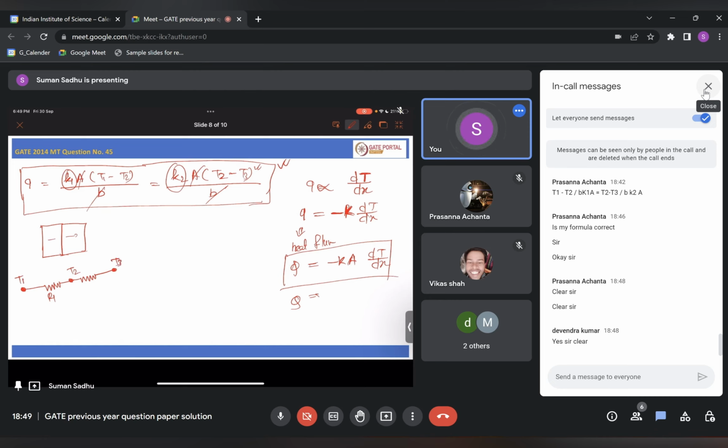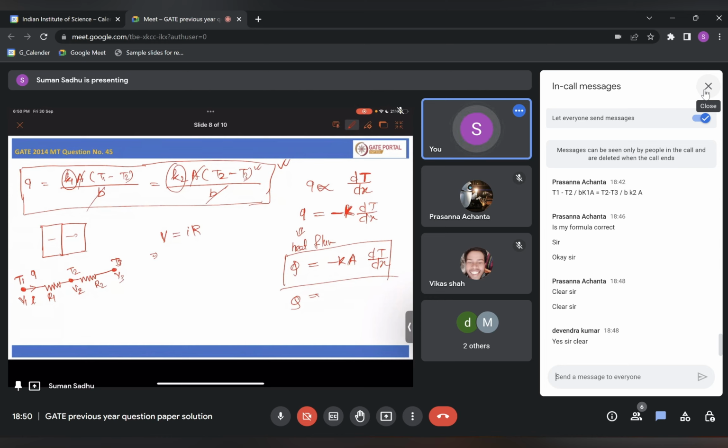In case of current, what is the formula? V equal to IR, resistance, right? So I means Q, because what is flowing is Q. And V means temperature, because in case of current the driving force is the voltage difference across the two resistances.